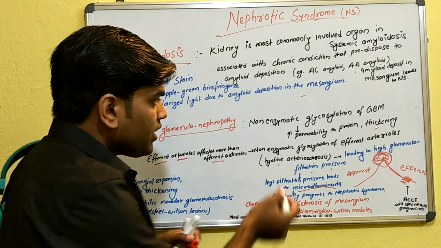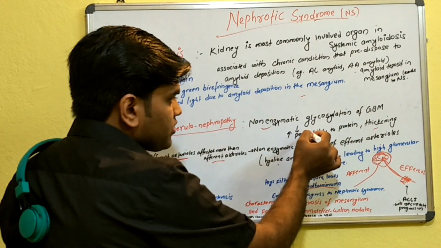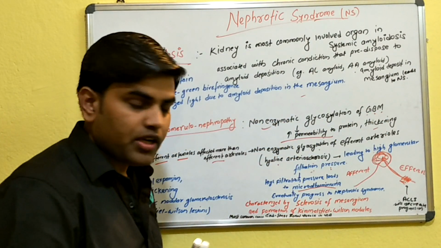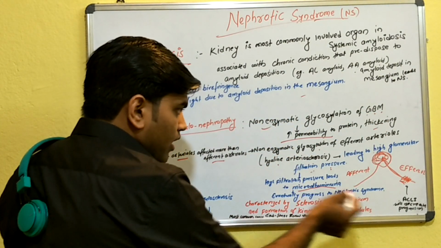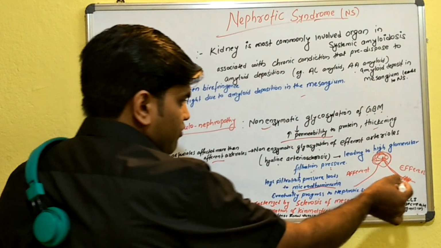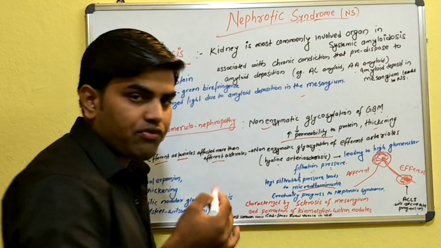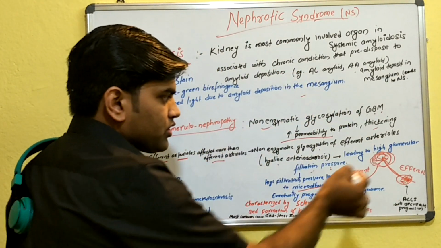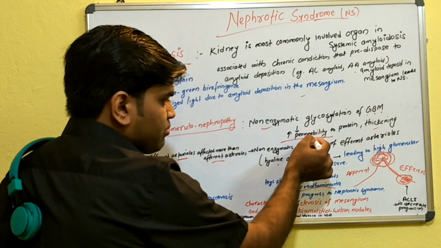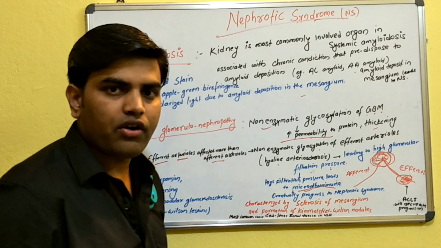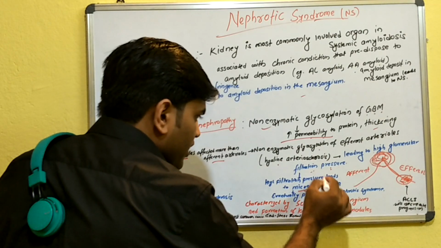I have already mentioned that non-enzymatic glycosylation of your glomerular basement membrane leads to increased permeability. Now, since there is backward pressure, high filtration pressure due to hyaline arteriosclerosis of your efferent arteriole, there is more filtration pressure. With more filtration pressure and increased permeability, microalbuminuria will occur, and albumin will leak out.